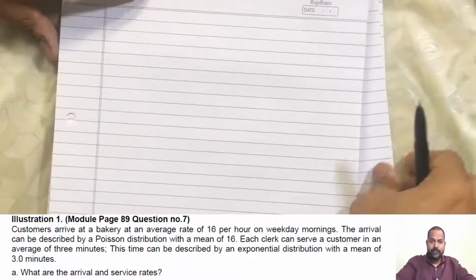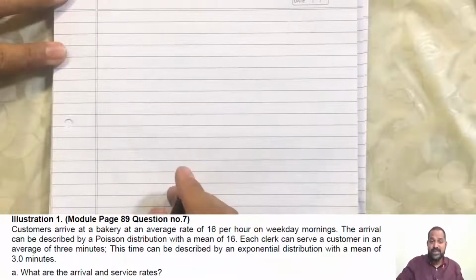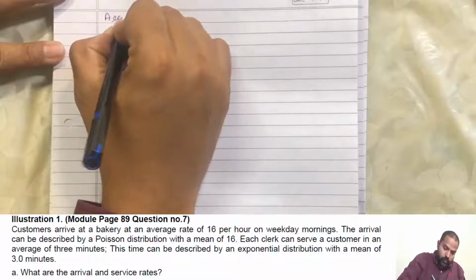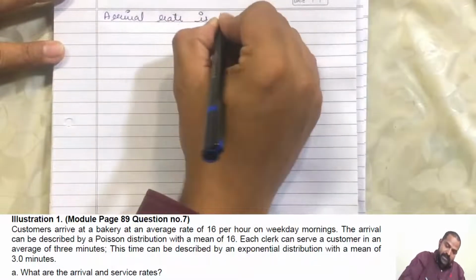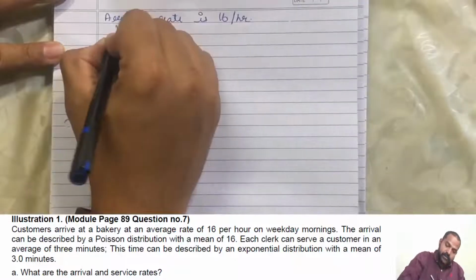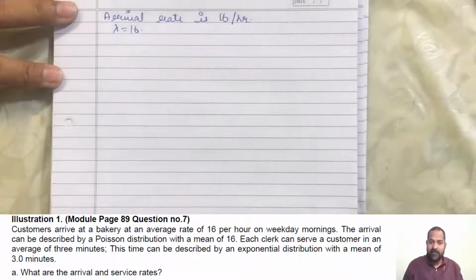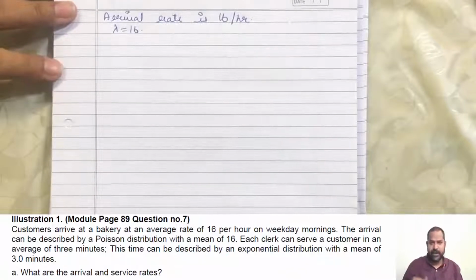You are saying that customers arrive at a bakery at an average of 16 per hour. So arrival rate is 16 per hour. So lambda is 16. The arrival can be described to be Poisson distributed with a mean of 16, which is correct.